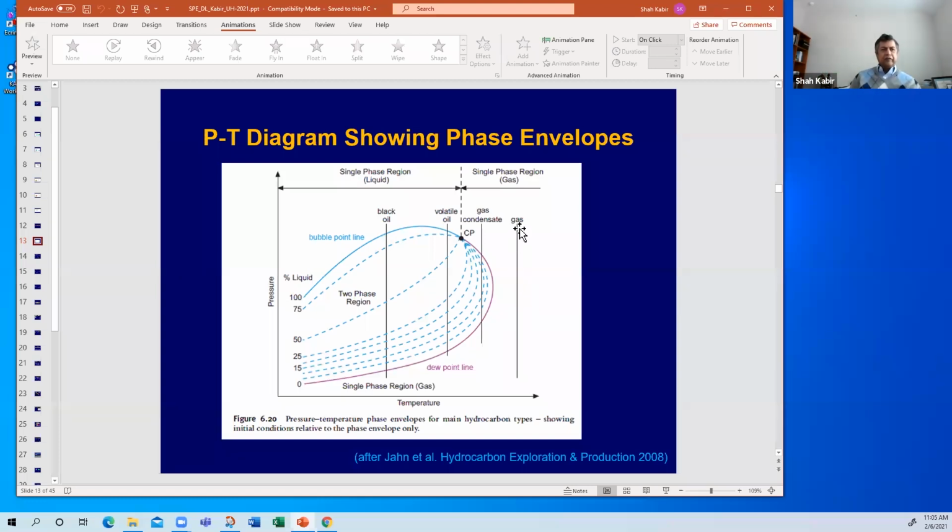So for the sake of conversation, let's say my gas is here. I'm just trying to give a hypothetical example. And I produce it all the way to surface and I don't intersect with this two-phase envelope. Then it'll be real dry gas, and you get over 80% or 85% recovery factor, whatever.